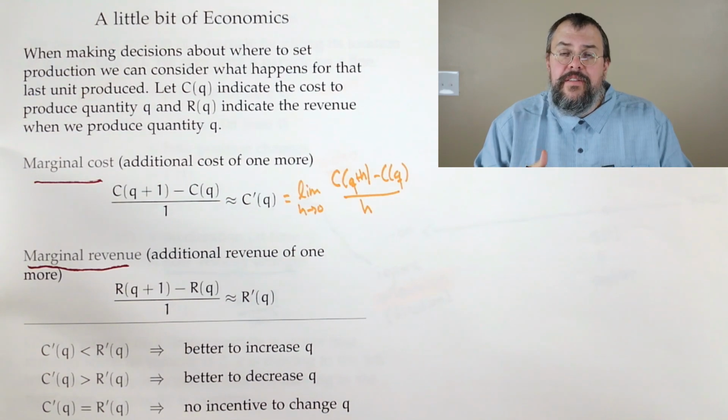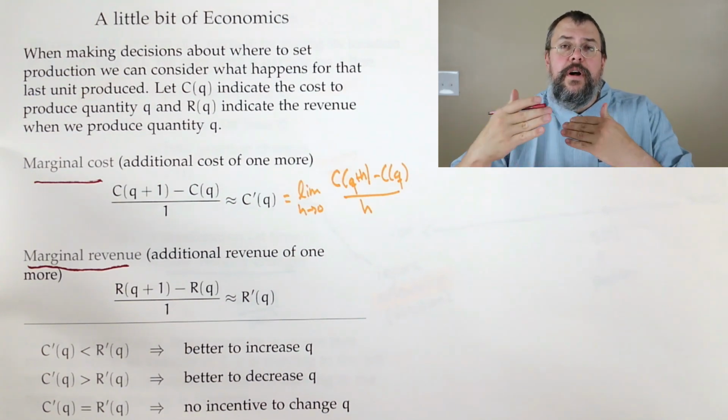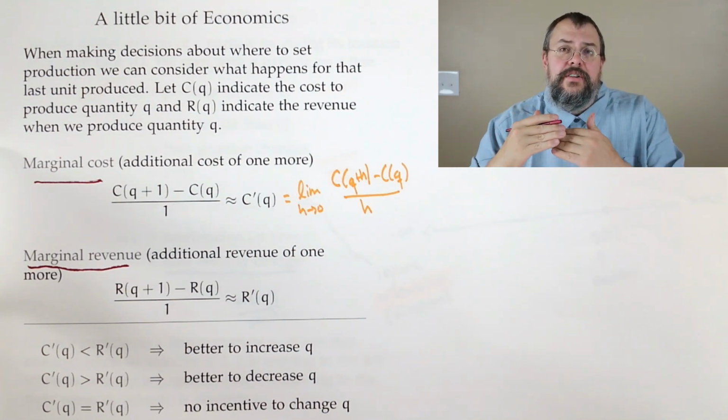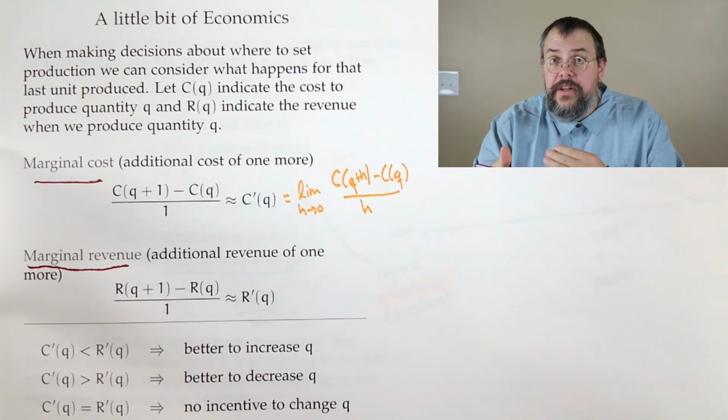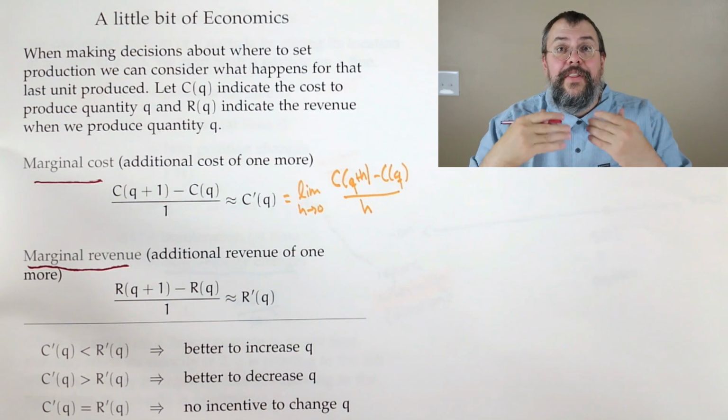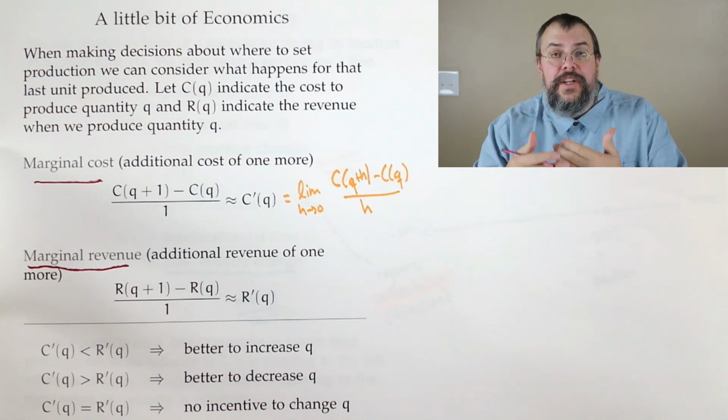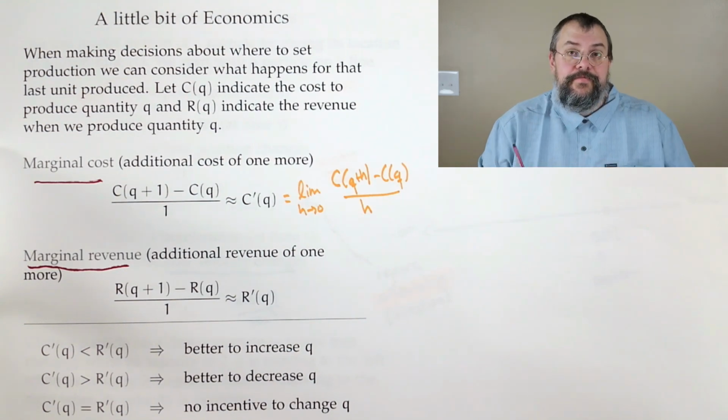In some sense, it makes sense, because if you want to understand the behavior on the edge, it's like, how are we changing right at the end? And the way that we change, see that word change? That's a derivative. Change corresponds with derivatives.